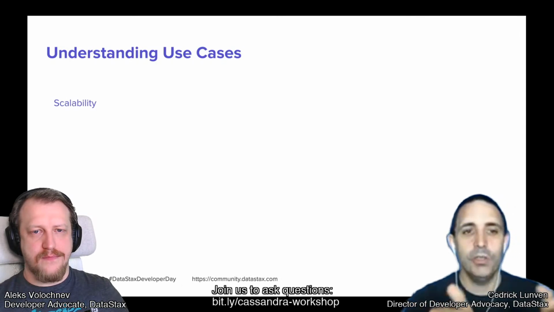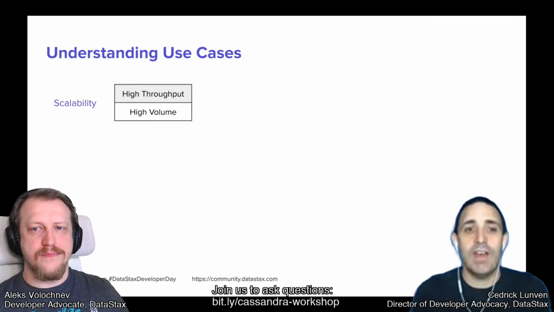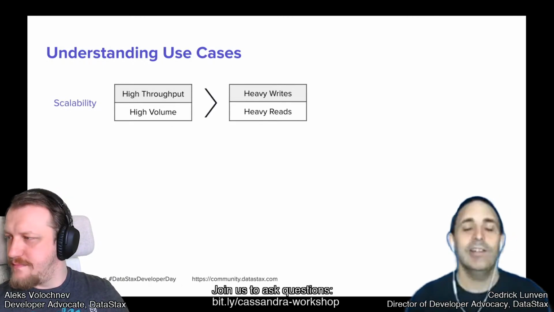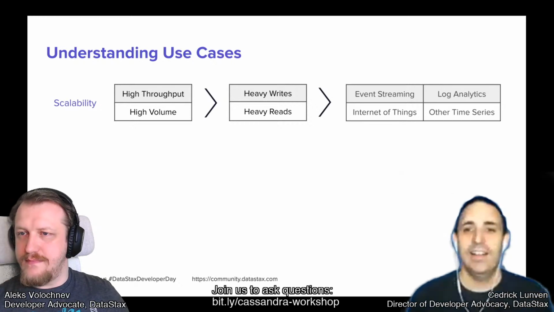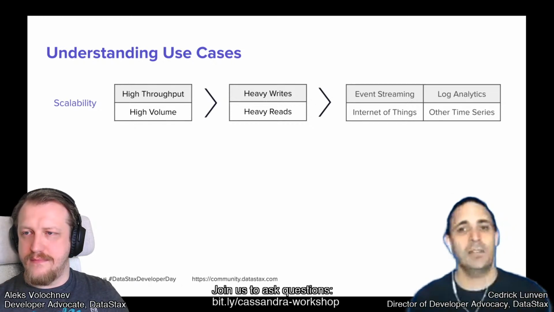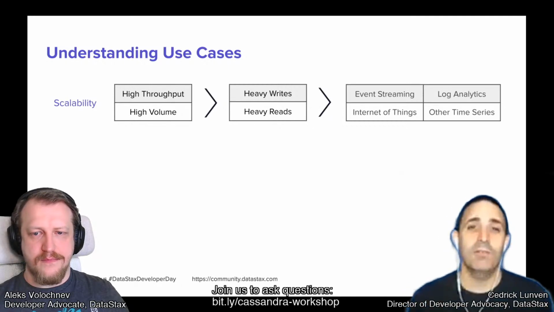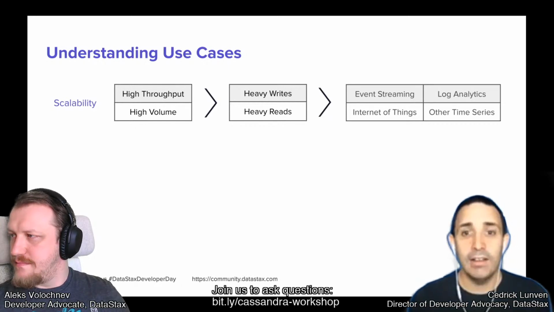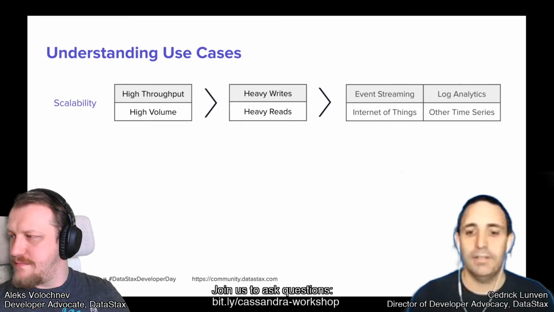You will use this capability for use cases with high throughput, high volume, every read, every write, which are event streaming, Internet of Things, log analytics, any kind of time series. And this is one of the reasons you might have heard that Apache Cassandra is a good fit for time series. Yeah, very high throughput, very high volume, totally fine.